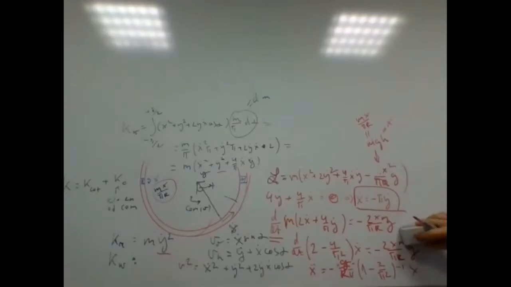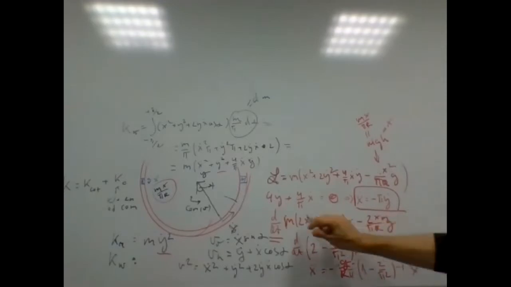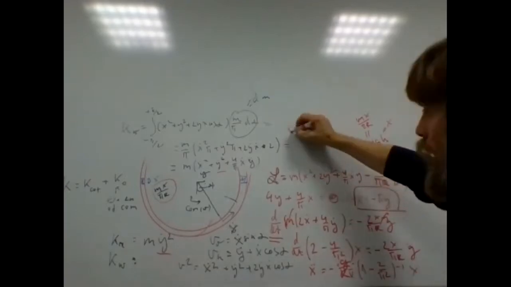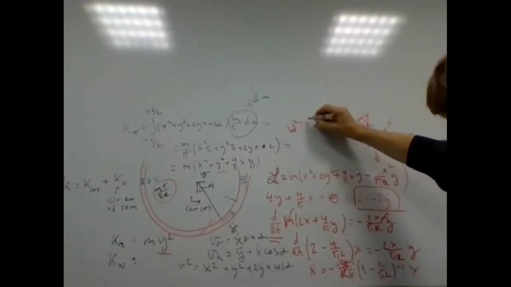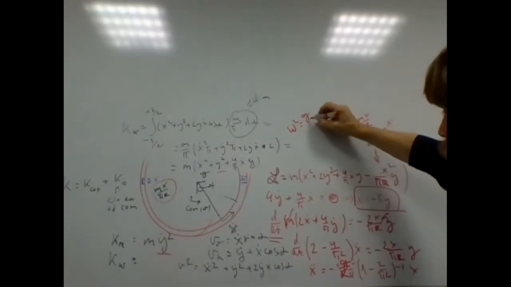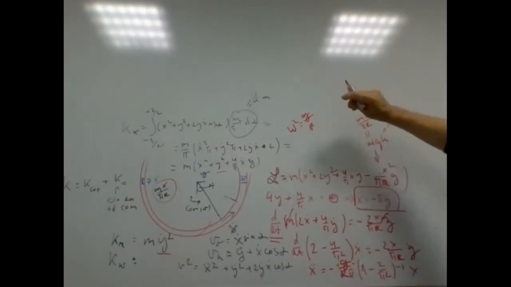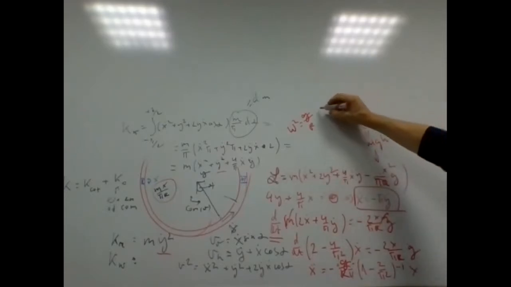M cancels away. I shouldn't have m here because I divide already by m. And so omega squared equals g divided by r, and then pi.